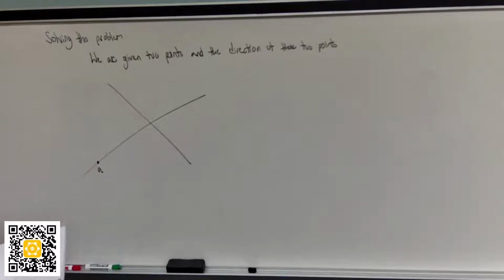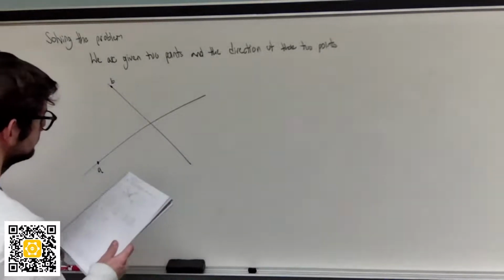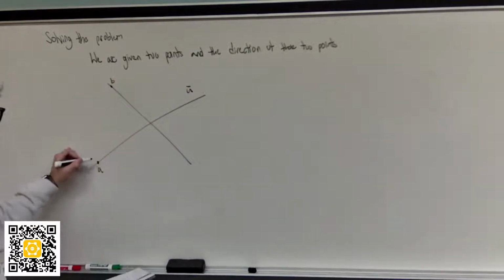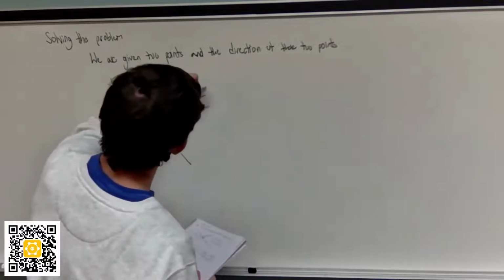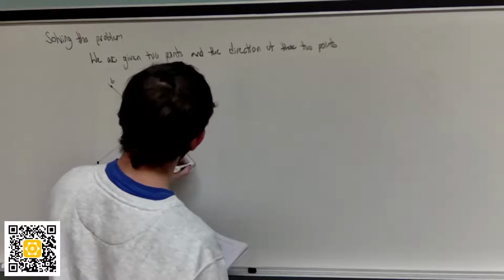This is the first point they gave us. Let's call that A. The second point they gave us is called B. This U vector represents the direction of point A, and it's going in this direction. The next direction is called the V vector, and it's going in that direction.